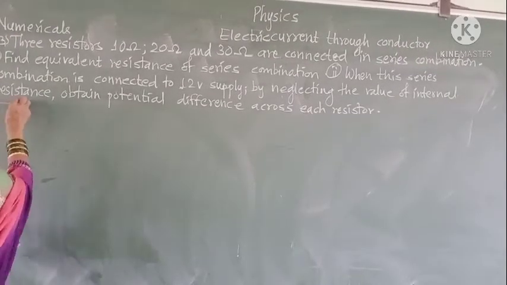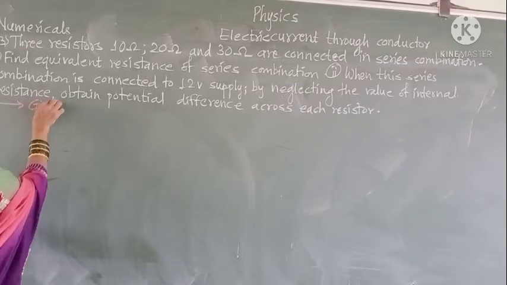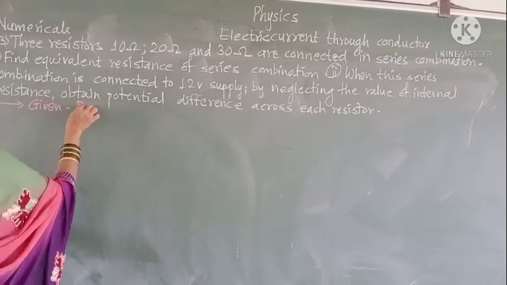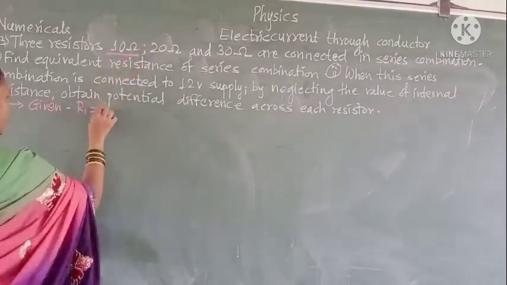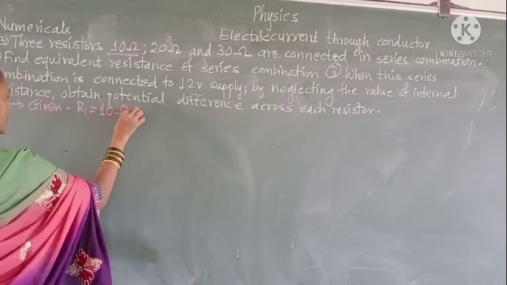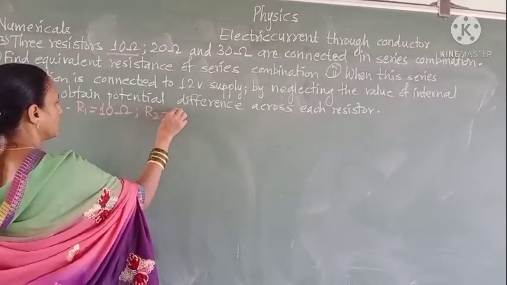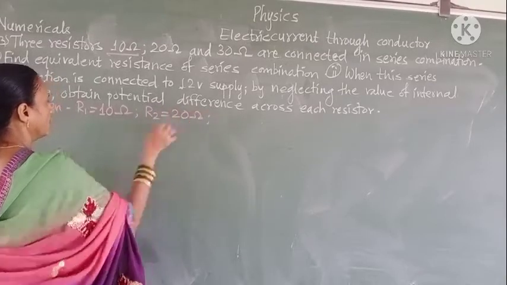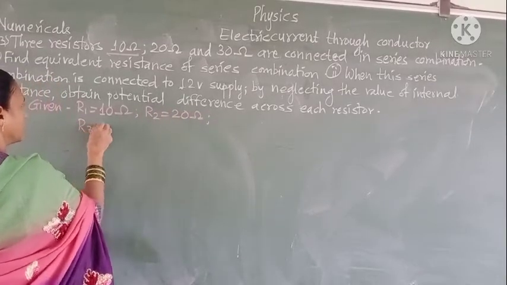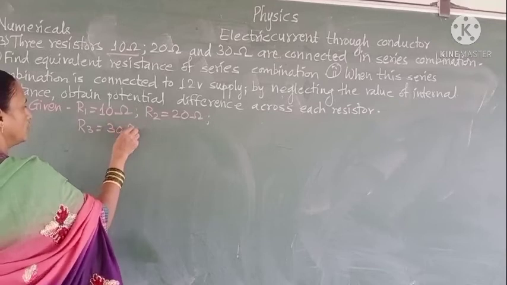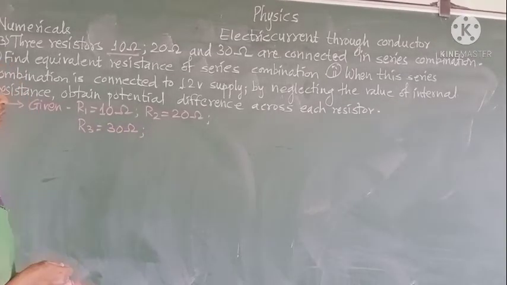Here first we have to write the given values. The first resistor has the value 10 ohm, therefore R1 is equal to 10 ohm. R2 has the value 20 ohm and the third resistance R3 has the value 30 ohm.